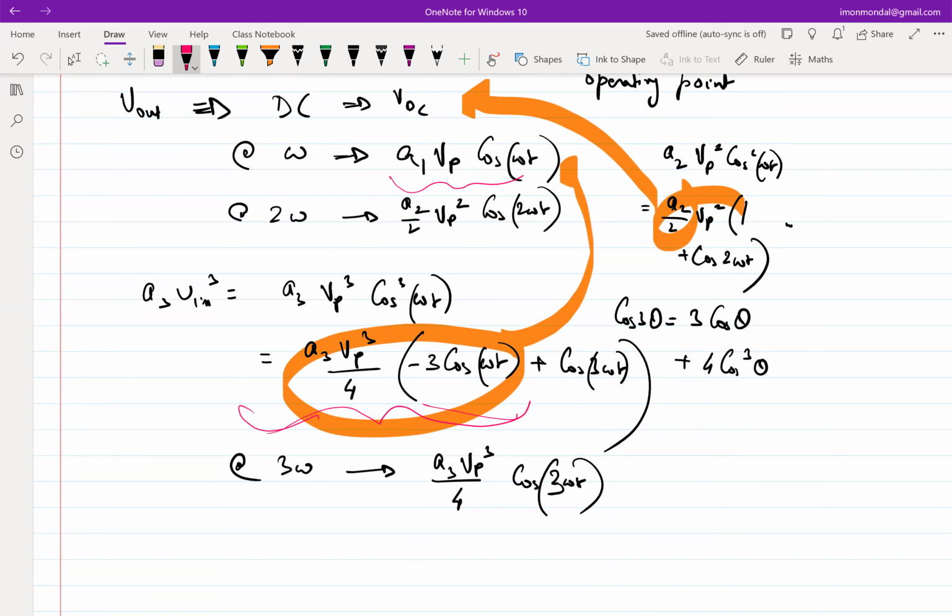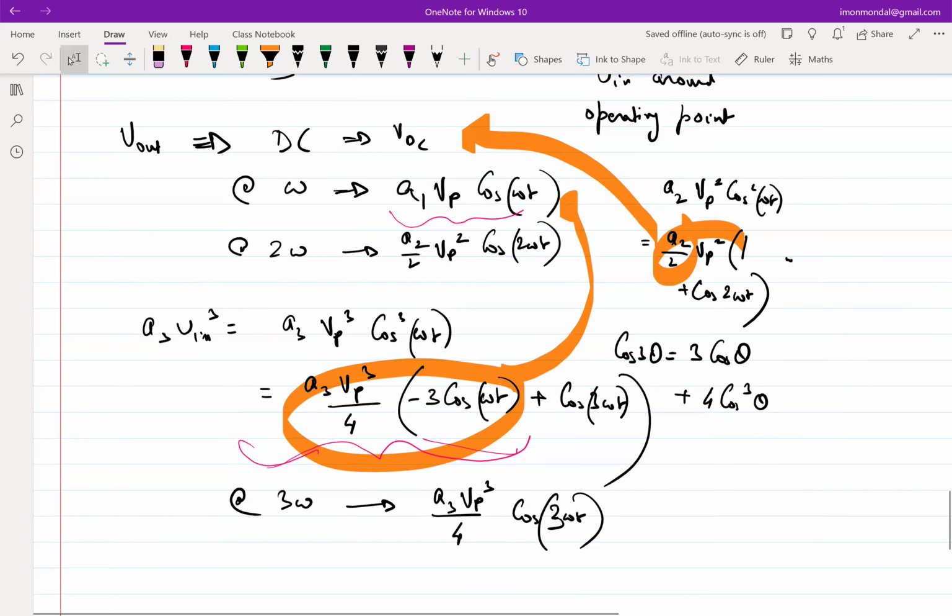Similarly, I can neglect all the other folding back terms, that bunch of extra terms, and keep only the dominant term under DC, omega, 2 omega, 3 omega. Okay, fine. So this is the easy way to characterize any system.